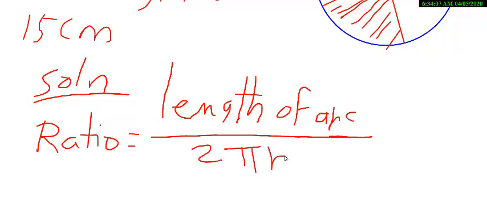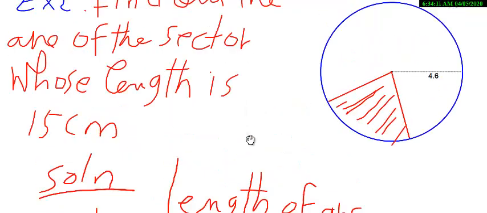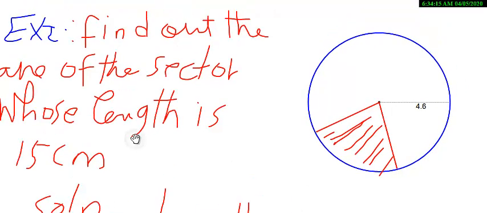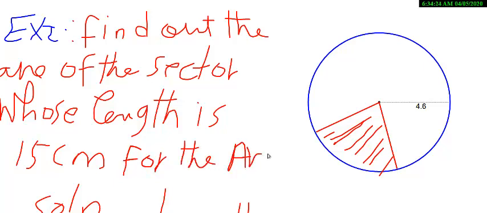I'm going to focus on the 15 centimeters, which is the length for the arc, not for the sector. This is the arc, the red one, which I highlighted now. It has 15 centimeters length.